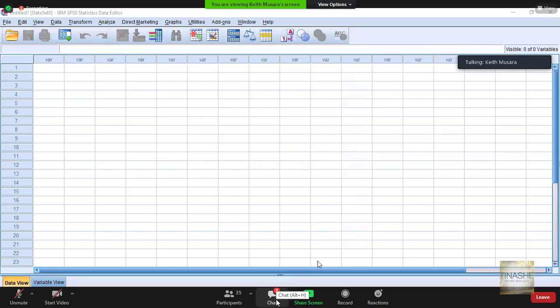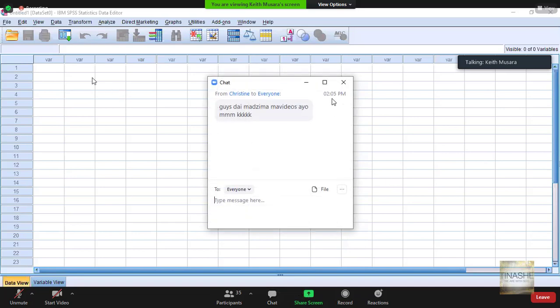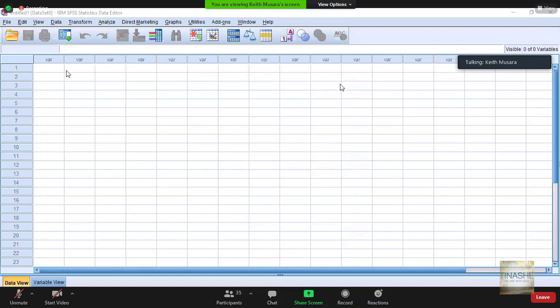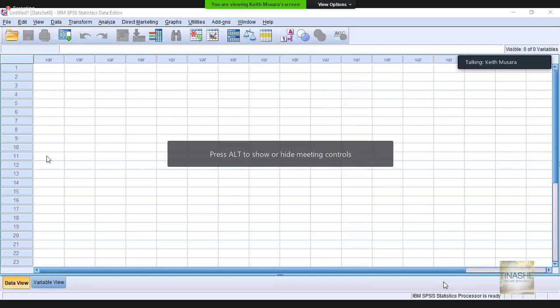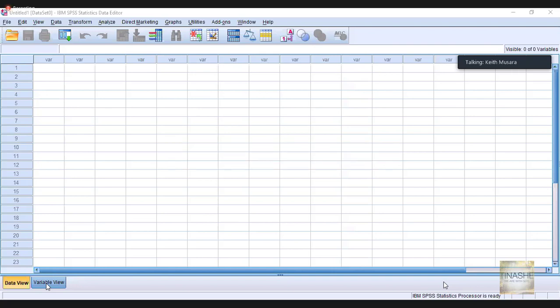There are two windows in SPSS: a data viewer and a variable viewer. When you are entering the data, you have to enter the variables first. So we had a question, let me share the question.